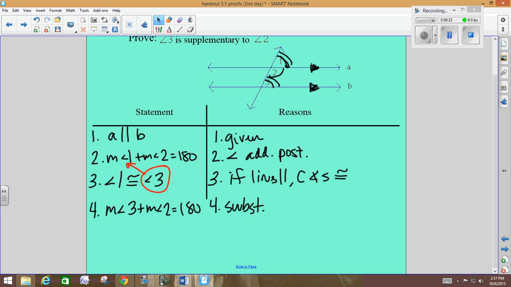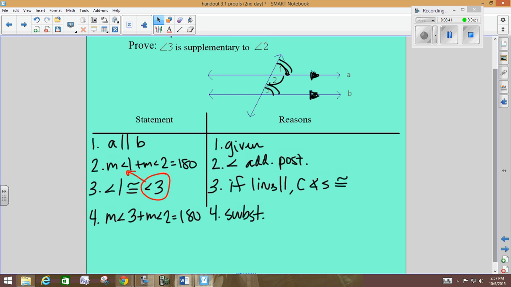Are we done yet? No, I mean, are we done with this proof yet? We are? No, we're not. Are we? Why not? I haven't gotten to my complete final statement yet, because remember, your first step is what's behind the word given.